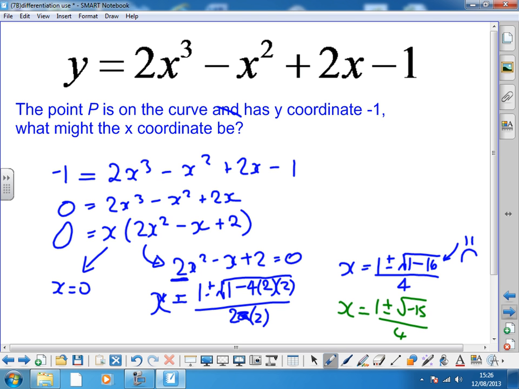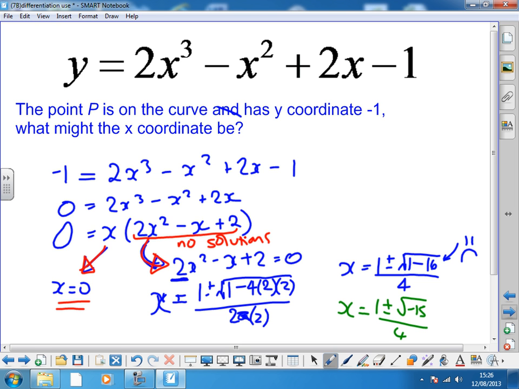So the fact that we've got a negative number inside this square root means that we've come to a grinding halt. We were unable to solve this part of it. So this part of the equation has no solutions, and so we only get one answer.